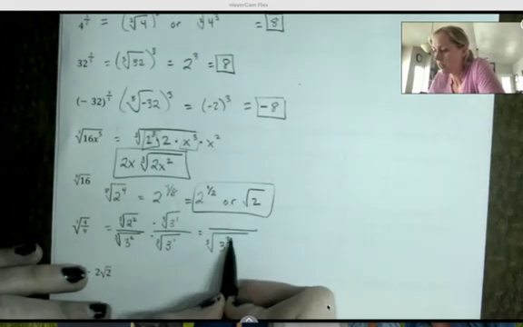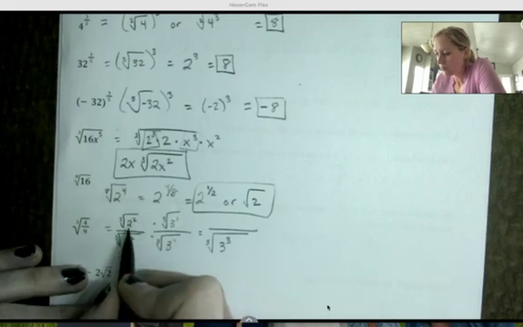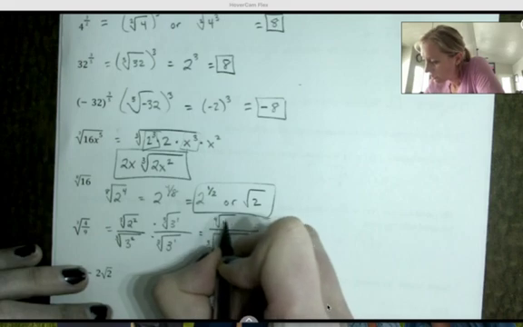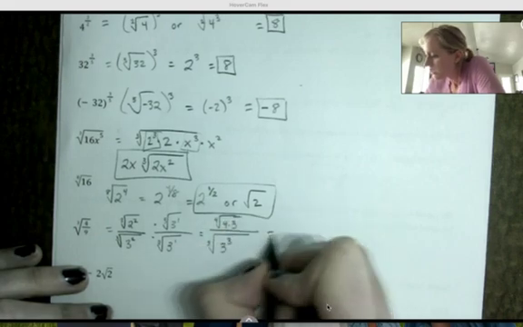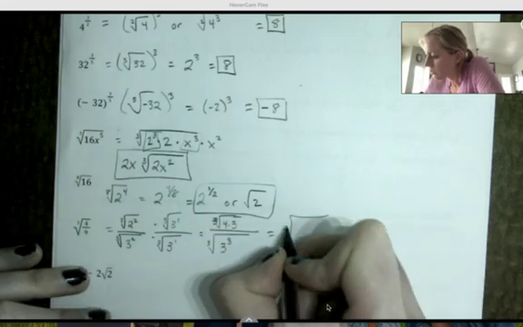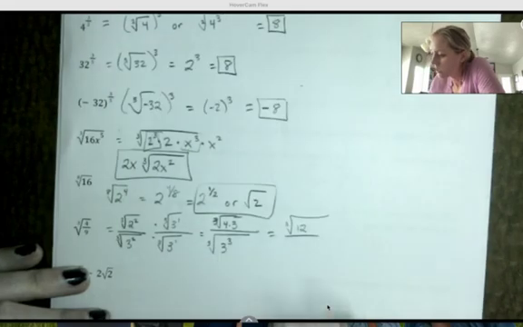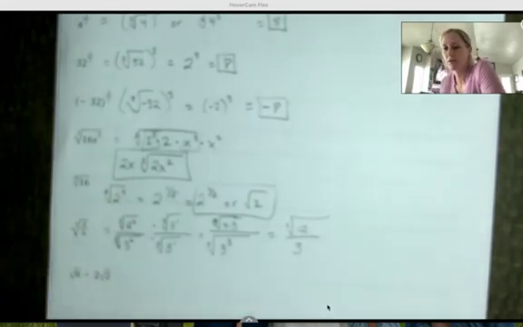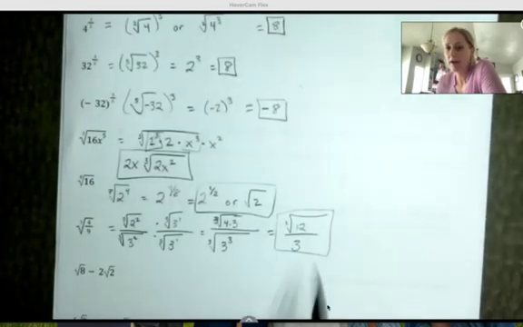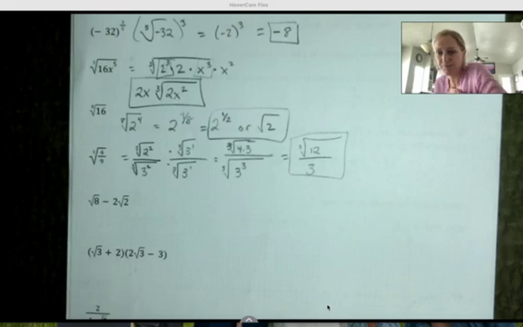And because of that, the cube root and the cube will cancel. Here, I'm not able to really combine much more, so this is just going to be 4 times 3 under there. Okay? So, oh, sorry, this should be cube root. Okay, so I have the cube root of 12 over 3, right? Because the cube root and the cube will cancel. As long as I don't have a root in the bottom of a fraction, it is rationalized.